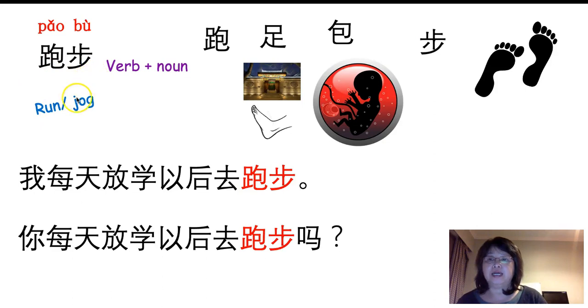跑步，跑步的意思是 run or jog. So this is a verb and a noun structure. So 跑 run and 步 actually means a step.